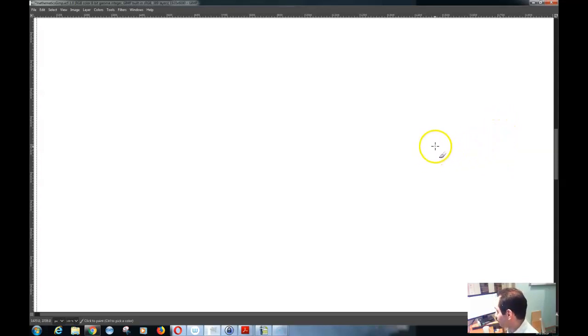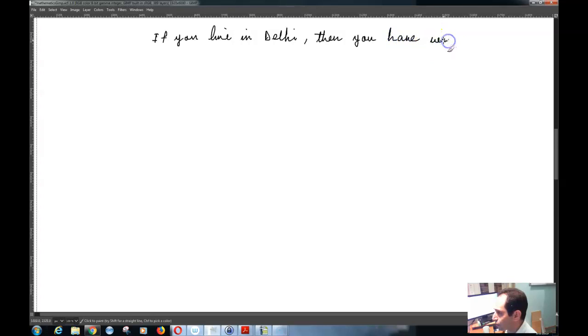The first statement A is, if you live in Delhi, or New Delhi in India, then you have winter clothes, because it's kind of cold there compared to, for example, south of India.